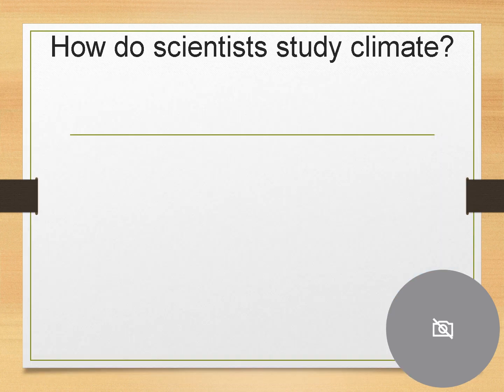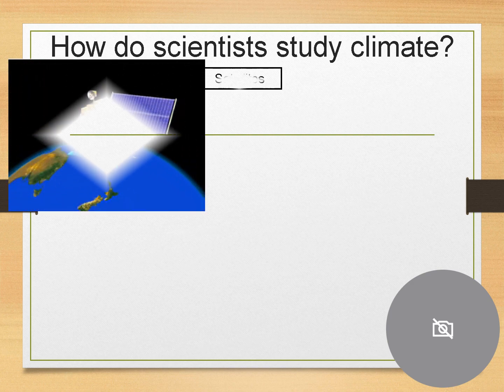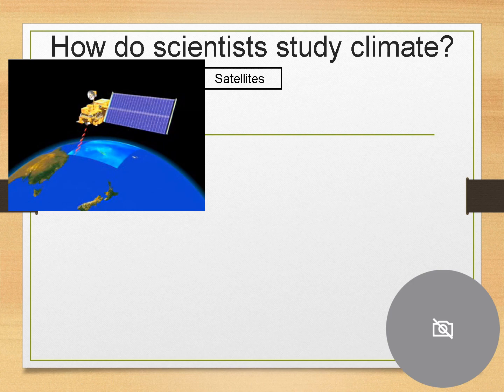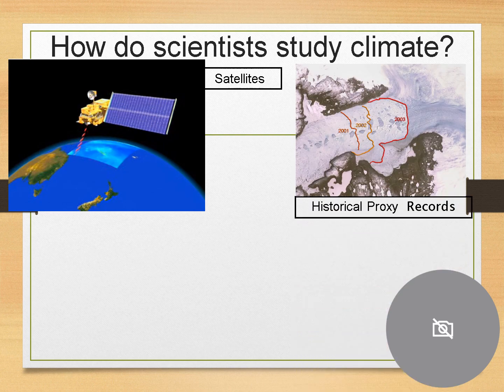Then how do scientists study climate? First of all, scientists may use satellite data to know the climate. Instrumental records may also be used to study the climate.